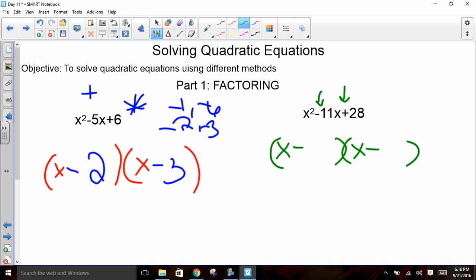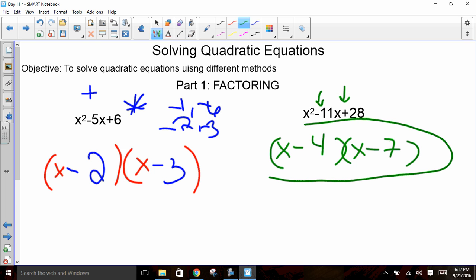Well, I've got 1 and 28, 2 and 14, 4 and 7. Wait a minute. Negative 4 minus 7 gives me that negative 11 I'm looking for. Negative 4 times negative 7 gives me that positive 28. Therefore, my answer must be x minus 4, x minus 7.